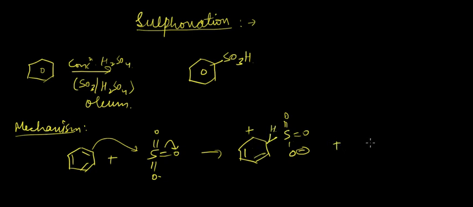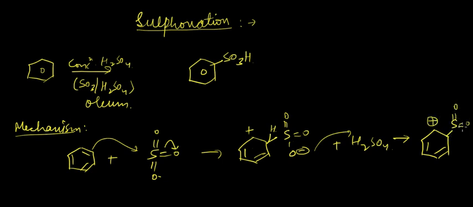Now what happens next is, from the H2SO4 molecule, this oxygen attacks here and gets itself a hydrogen from the H2SO4, which is acidic, and as a result HSO4 is formed in the reaction.